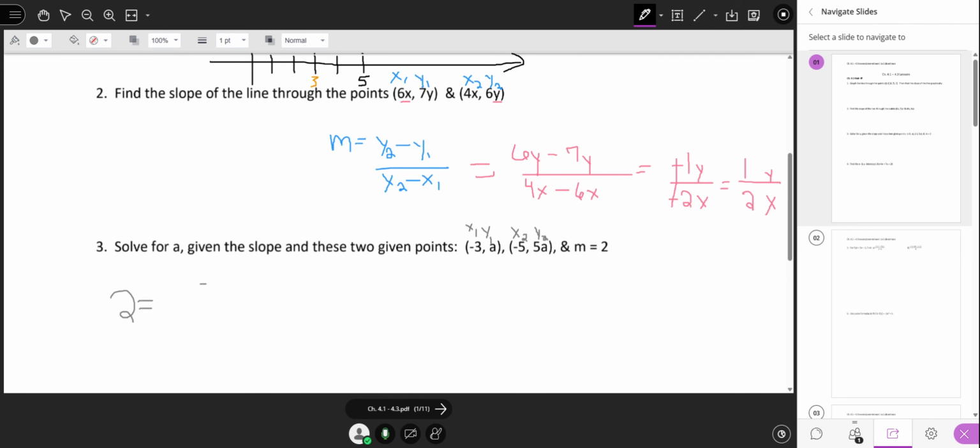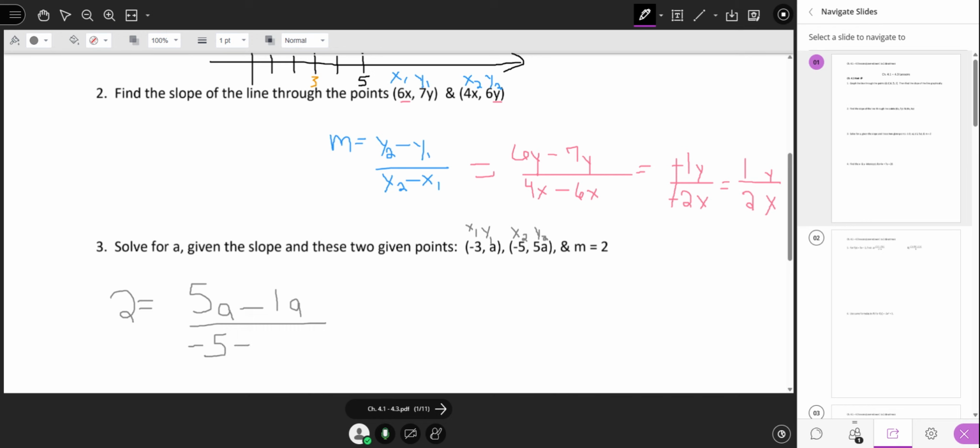So y2, then there's a minus sign. Y1 is 1a or just a, over x2, which is -5.